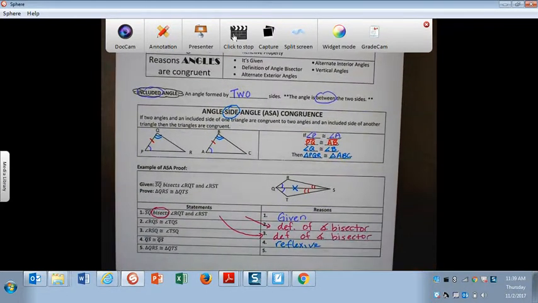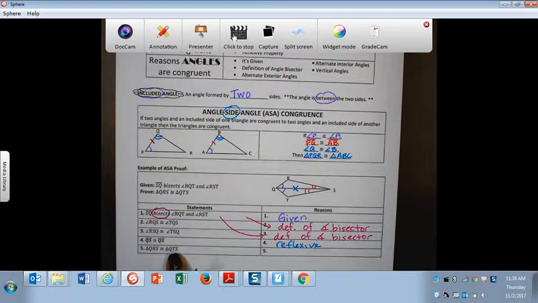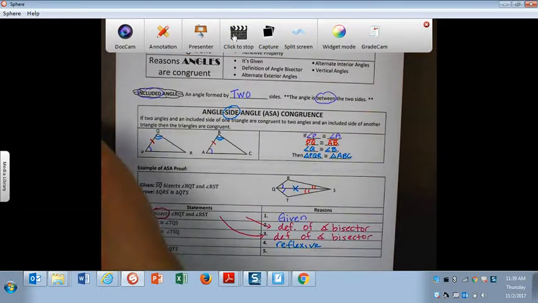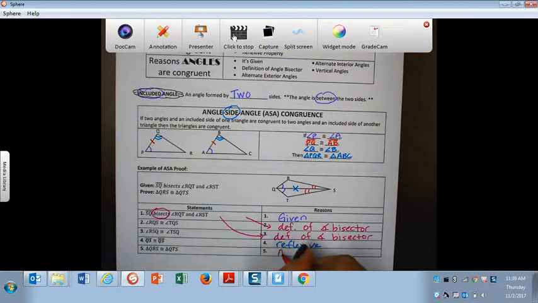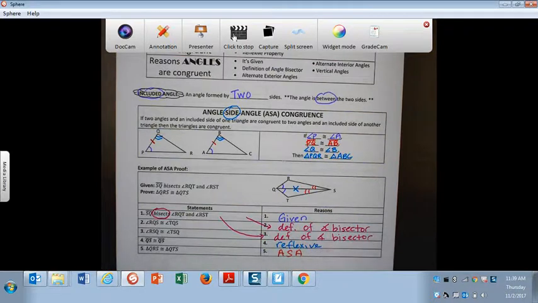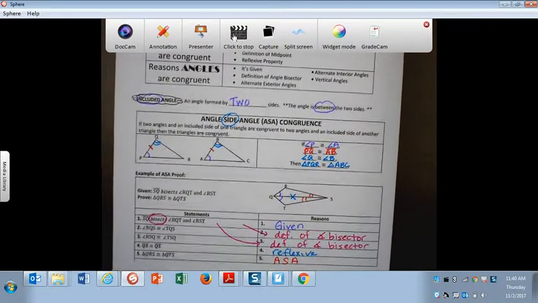And then finally, we can say that triangle QRS is congruent to triangle QTS because of angle, side, angle. They have an included side in between those two angles. All right, let's turn the page.